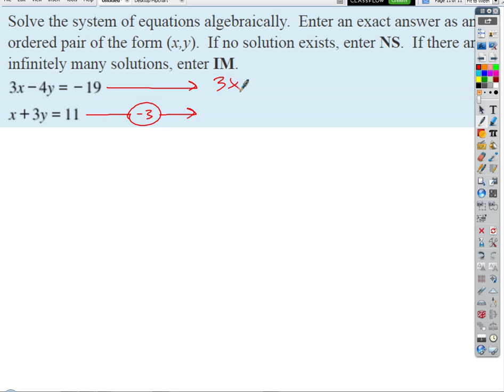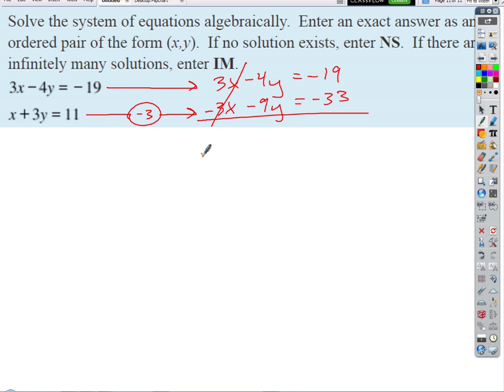Top one would just be 3x minus 4y equals negative 19. Bottom would be what? Come on now, help me out here. Negative 3x minus 9y equals, good, negative 33. If I add those up, x's cancel.